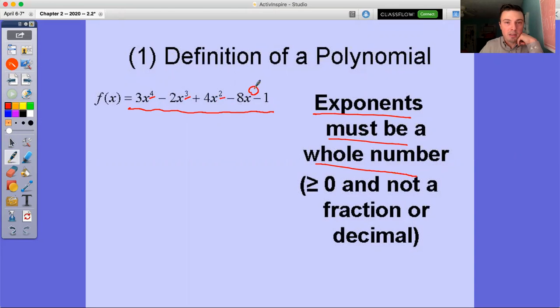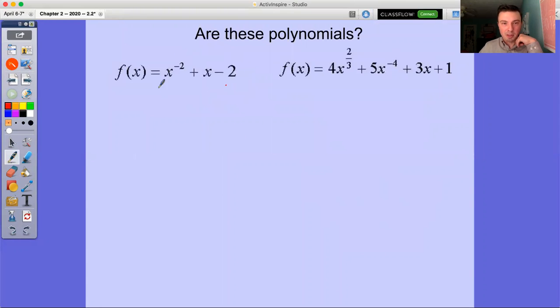This one's a 1, and when there is not one, it's like being a 0. So this is a definition of a polynomial. They must all be whole numbers. They must also be positive. So positive whole numbers. All right, so it must be greater than or equal to 0 and not a fraction or a decimal. So are these polynomials?